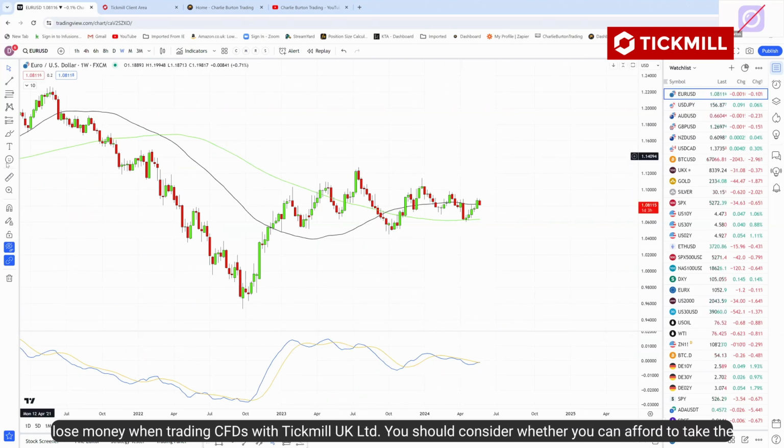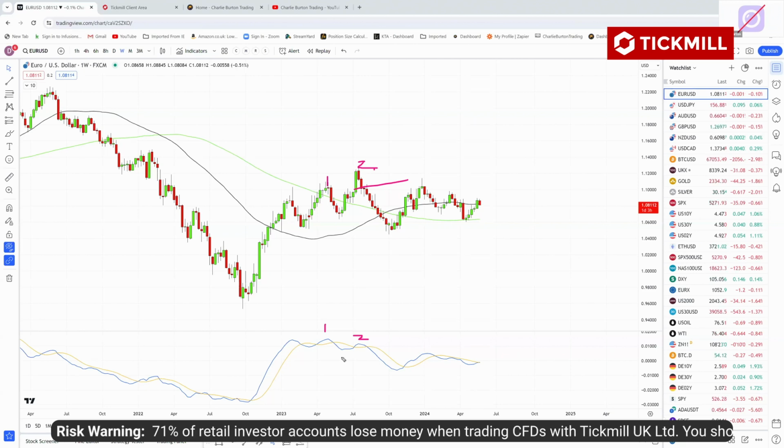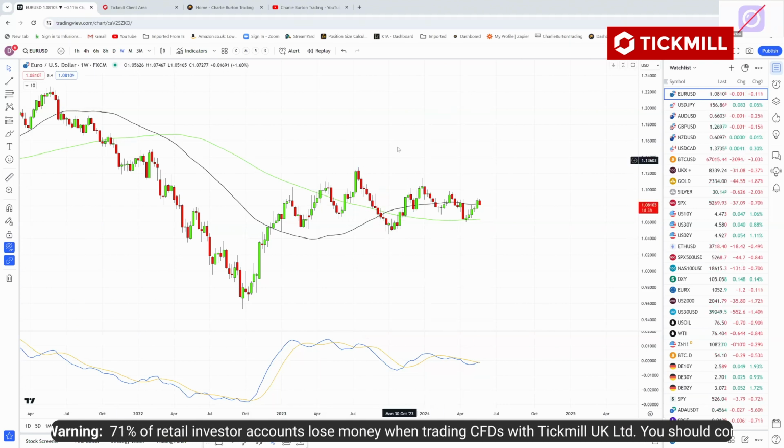What went on? Funnily enough, we ended up doing a divergence down here. 0.1, 0.2, 0.1, 0.2. We had a divergence. There were other reasons, but I'm just trying to keep it as simple as possible here. So we had a divergence there, and I did have a bit of that clip last year as well. So divergences will happen on either side.